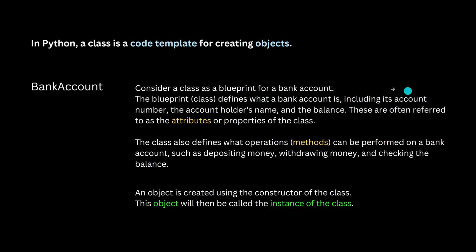It includes the account number, the internal number, the first bank account you provide, a second you open. Then the account holder's name, Mary and Bob and John, and then the balance, 0.000. So those are often referred to as the attributes of the class. But the class can also define what operations, or officially methods, can be performed on a bank account.